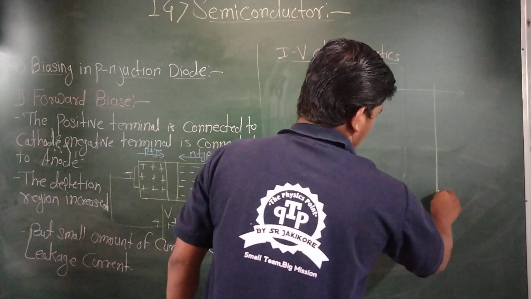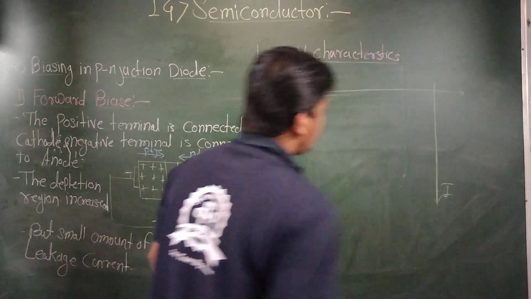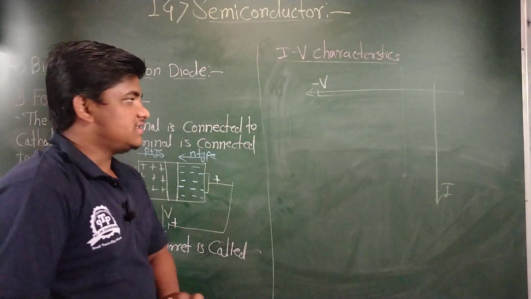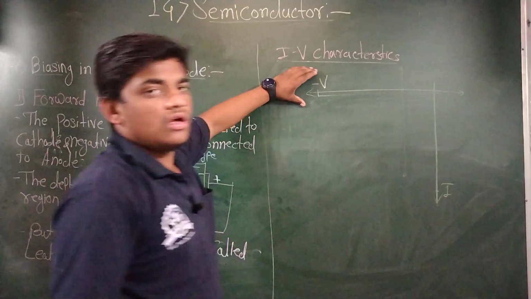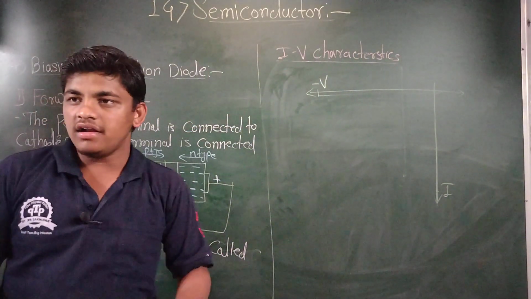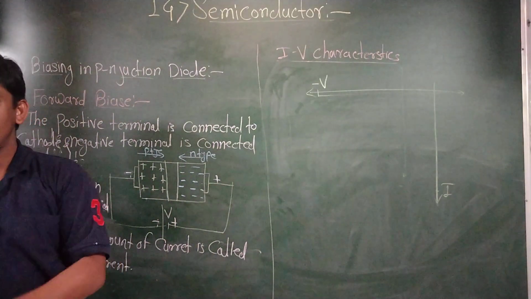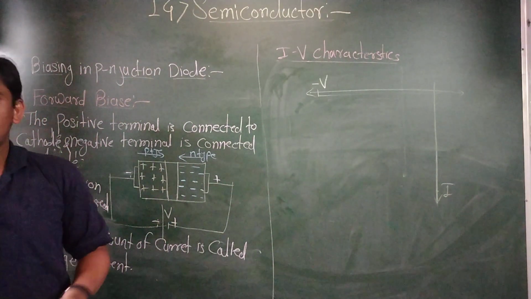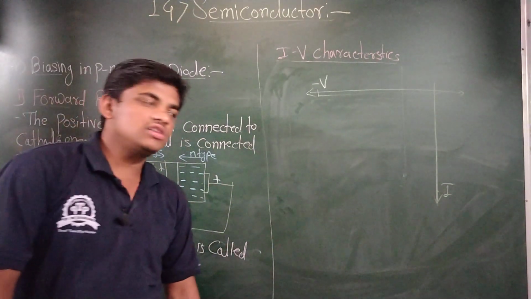This is the reverse process, with the applied voltage and the current I. In the IV characteristics, when the applied voltage is slightly increased, it causes the PN junction to overheat.